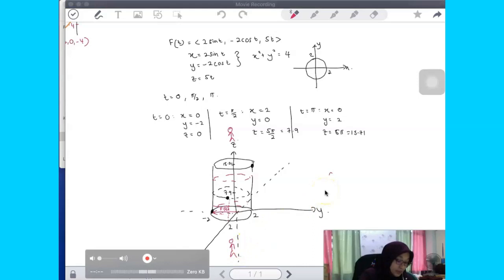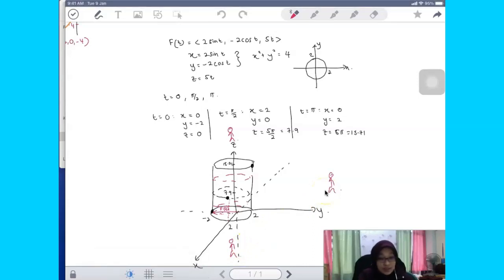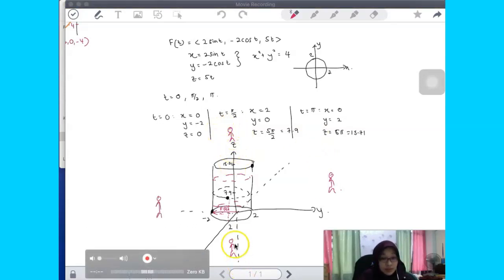But if you are looking from here, it is not a circle anymore. It should be a helix. Same goes here, you can see the helix. But when you are sitting up here or below here, you always see the circle. That's why I put the circle here with the height 7.9, which is projected from the point of 2, 0 here.